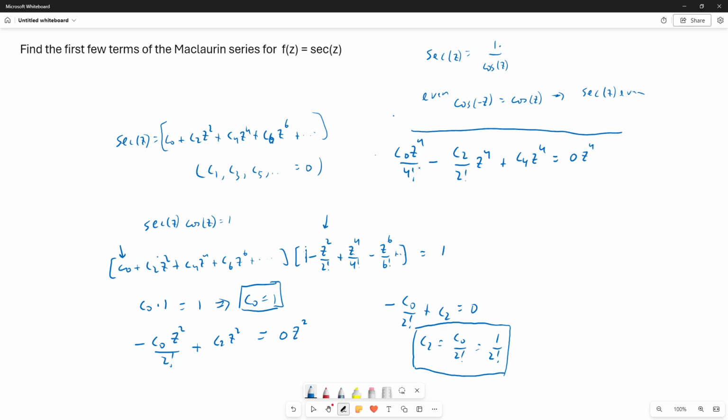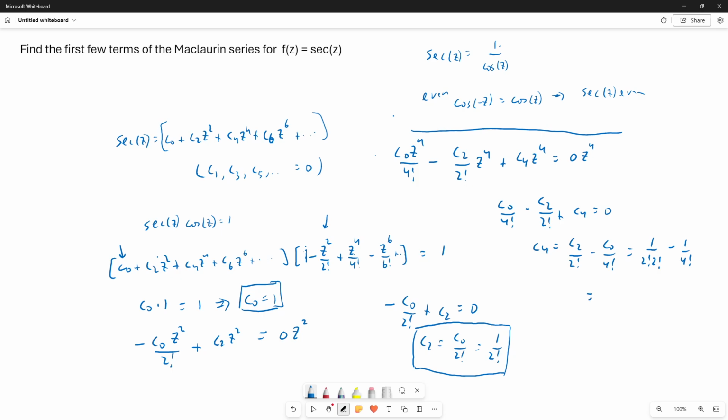So our coefficients add to 0: C0 over 4 factorial minus C2 over 2 factorial plus C4 is equal to 0. So C4 is equal to C2 over 2 factorial minus C0 over 4 factorial. Now C2 is 1 over 2 factorial, so this is 1 over 2 factorial times 2 factorial, and then minus C0 is 1, so 1 over 4 factorial.